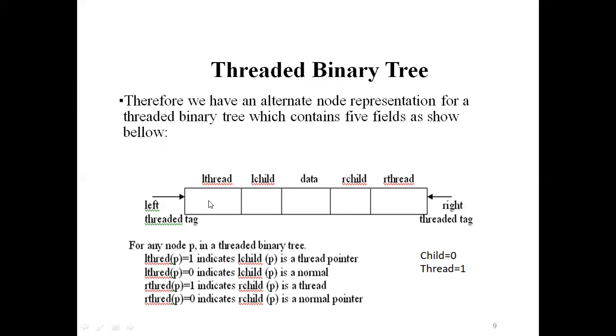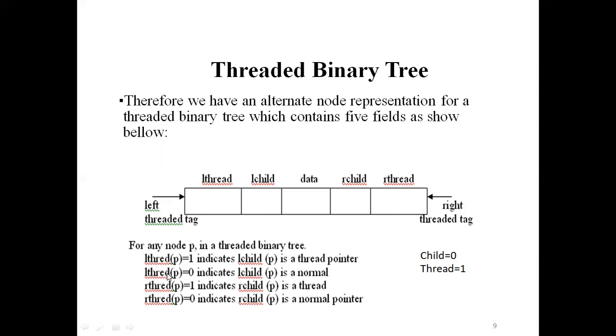If it is 1, it indicates that left child of P is a thread pointer. And it will be a thread pointer if it doesn't have any left child. So if it has some left child, definitely it will store the address of that left child. And if it doesn't store address of left child, then it will store null. So if it stores null, that null will be replaced with left thread.